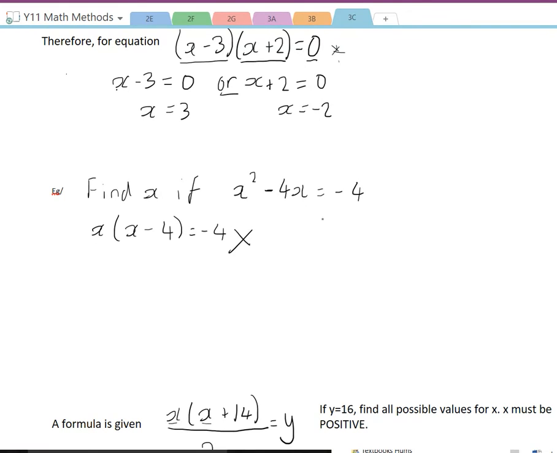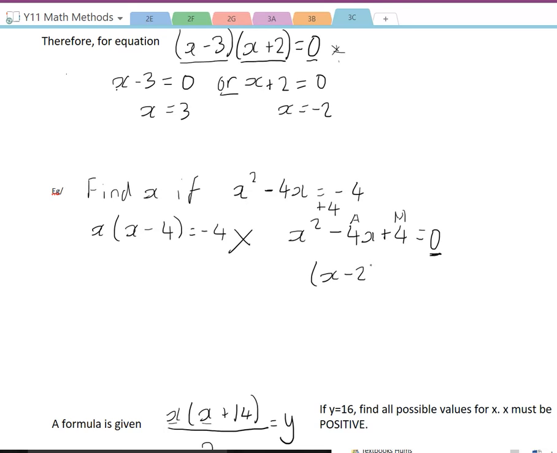So that is wrong. What you would need to do is get everything over to one side so you get the equation equal to 0. So you'd add 4 to both sides. And now you're cooking with fire because you've got this equal to 0 term here. And we know we've got a quadratic, so we can factorize. So what adds to give negative 4 and multiplies to give positive 4?